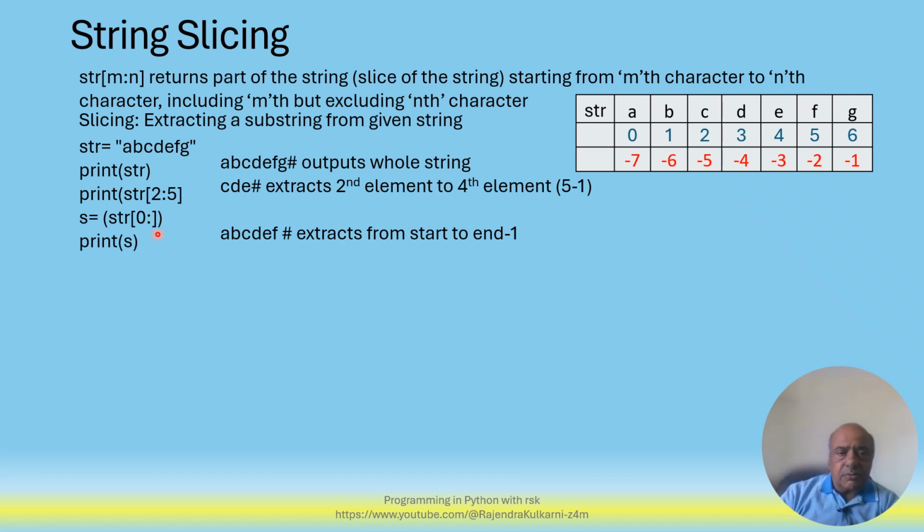The compiler will take the last index of the string as the value. Here in this case it is 6, and the output will be the characters from index 0 to index 5. So what we get is A B C D E F, that is the output.